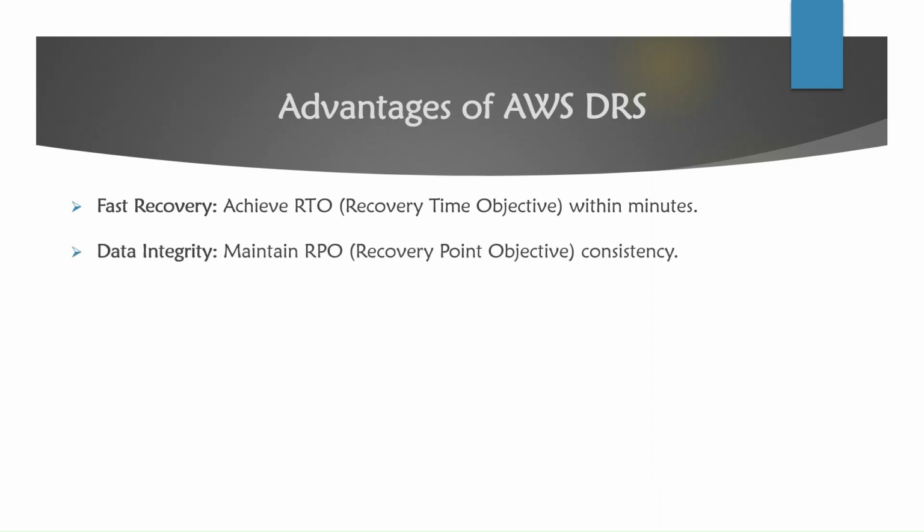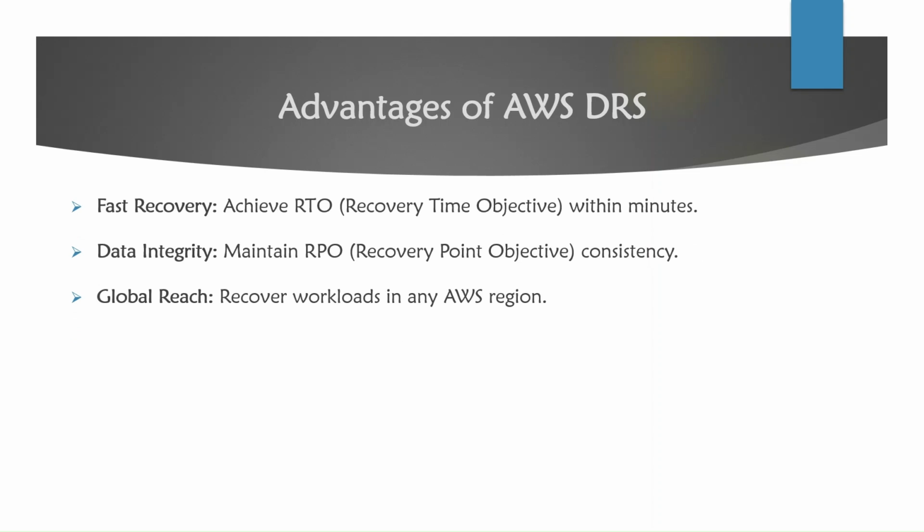Data integrity. AWS disaster recovery services ensure data integrity by maintaining a consistent state between the source and the target environment. This consistency ensures that critical data remains secure and accurate during the replication, and that the data loss is minimized during a failover.